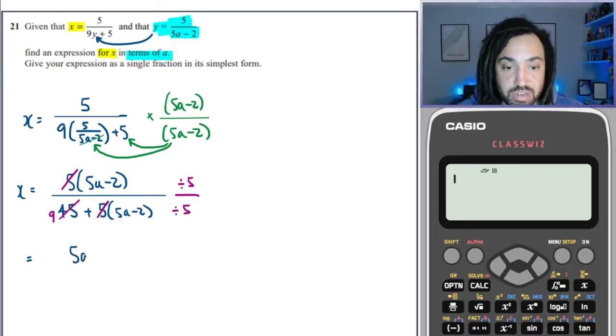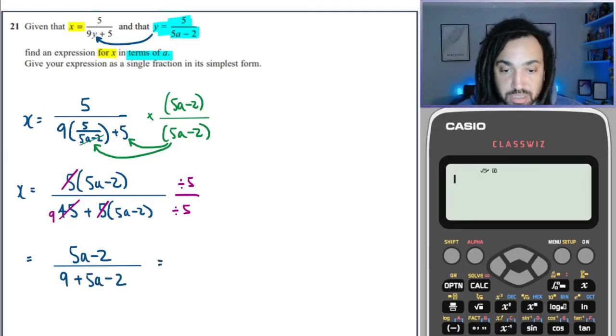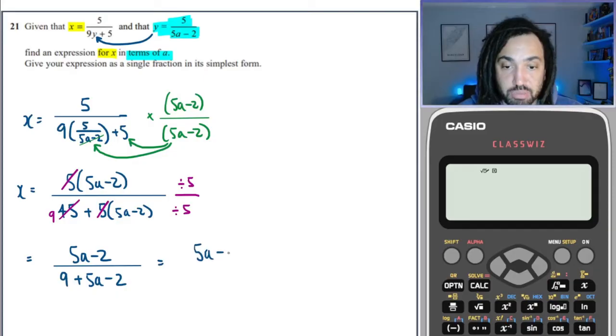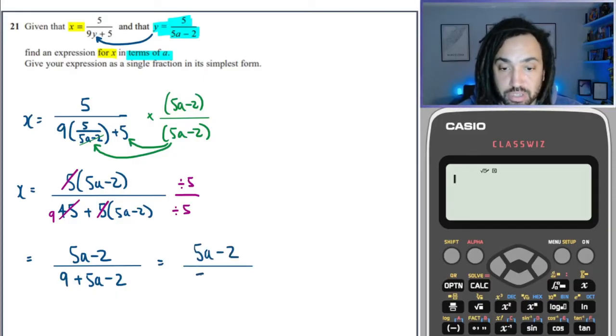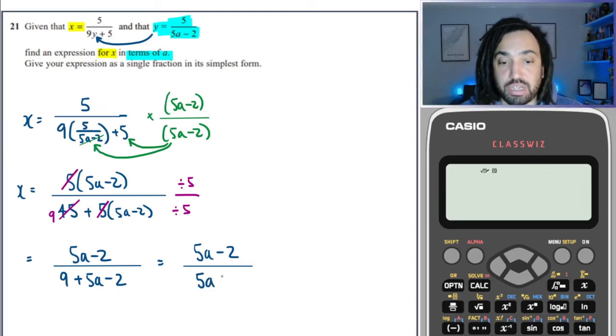So that gives me a numerator of just 5a plus minus 2. On the denominator, I've got a 9 plus a 5a minus 2. So this way, a bit more efficient than the way I did it last time, but both are good. And then 9 minus 2 is plus 7.